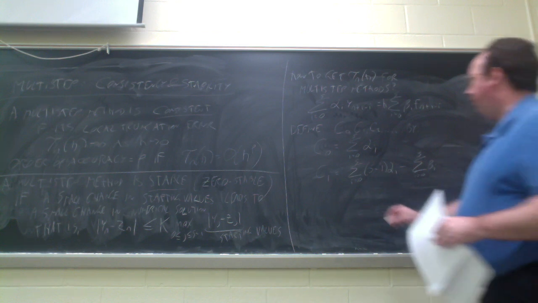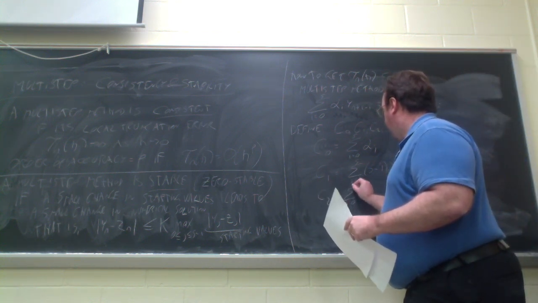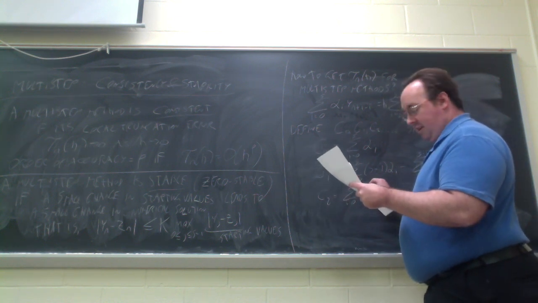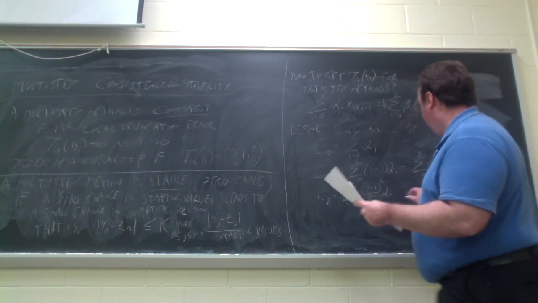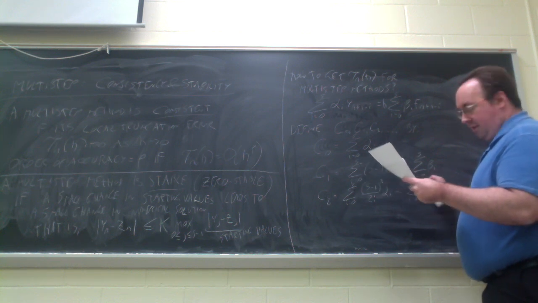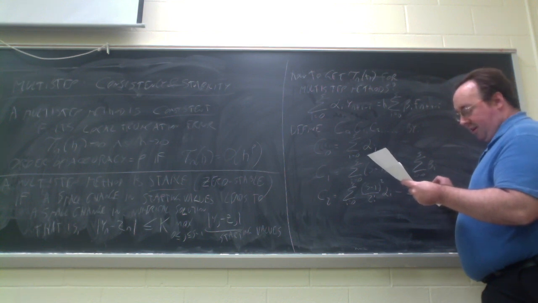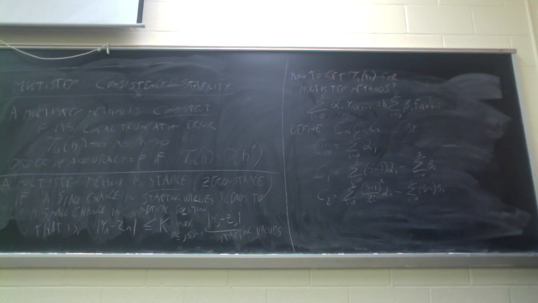And C2 will have the sum of (s minus i) squared over 2 factorial alpha_i, and then here I have (s minus i) beta_i. Okay, so this keeps going.